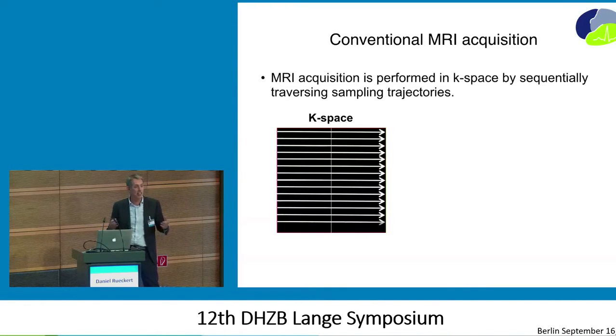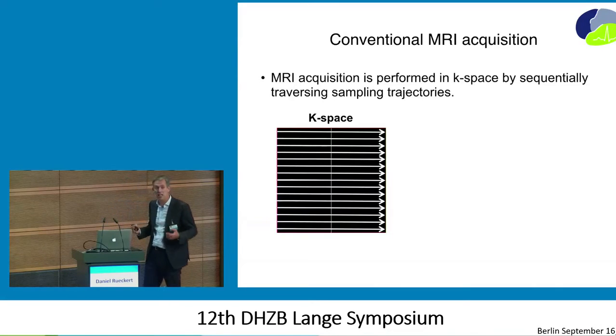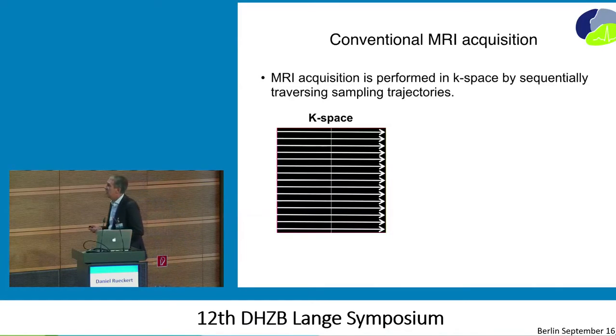That's effectively the Fourier transform of the image you finally see. So we make measurements of frequencies. And the key aspect here is that we have to traverse this K-space in a sequential fashion. That is what makes cardiac MRI such a slow modality, because we can't really parallelize this process.